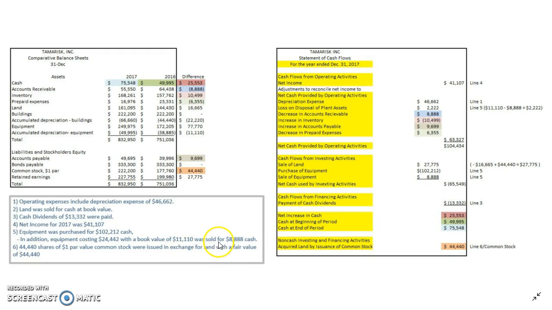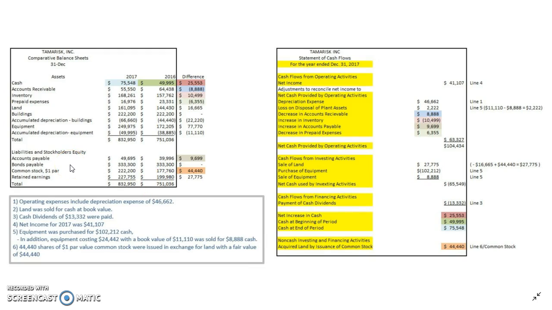Remember, the equipment was sold for $8,888, so that means we got money coming in, so it's $8,888. So for the cash flow from investing activities, if we calculate this amount out, we're going to get minus $65,549.